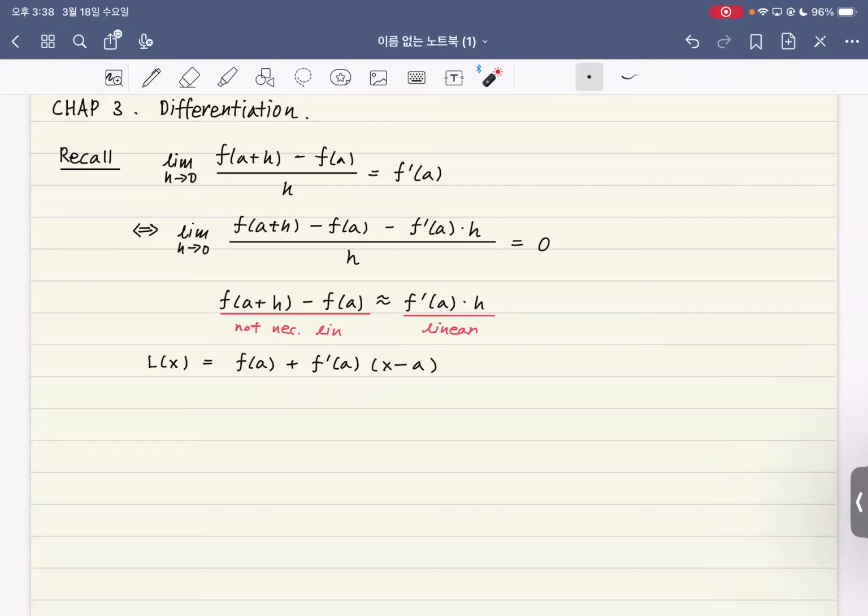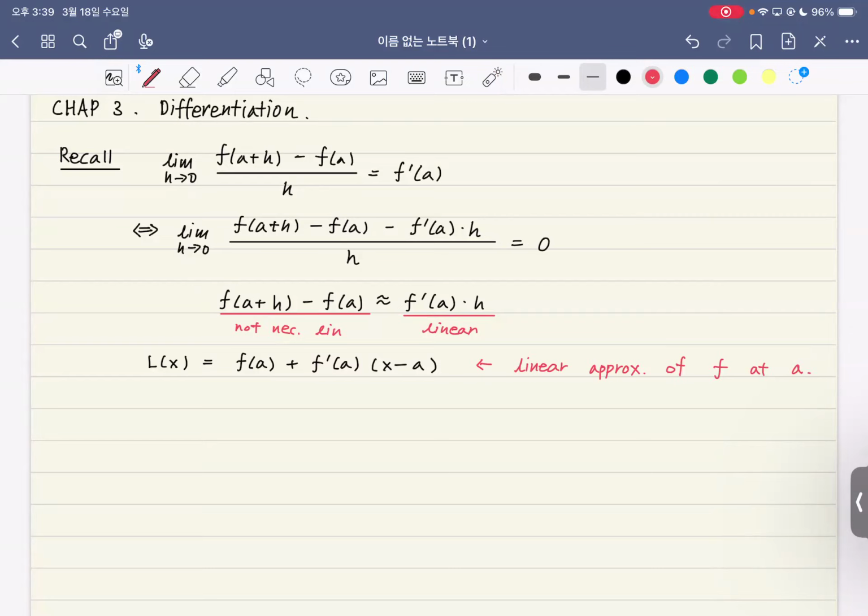But for our purpose, I want to call this function a linear approximation of your original function f at the point a.